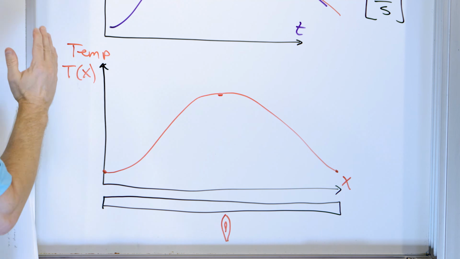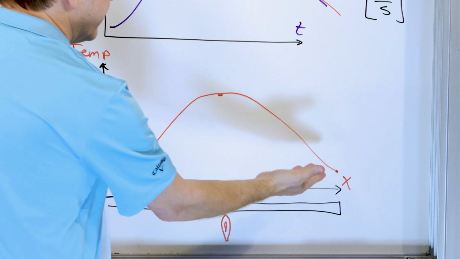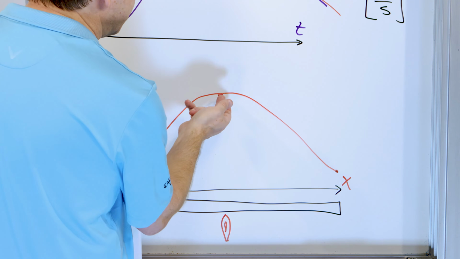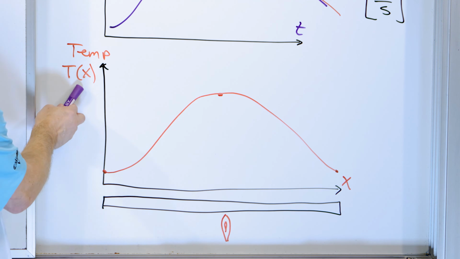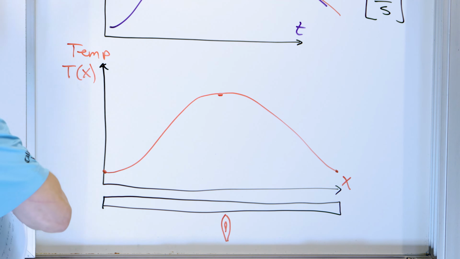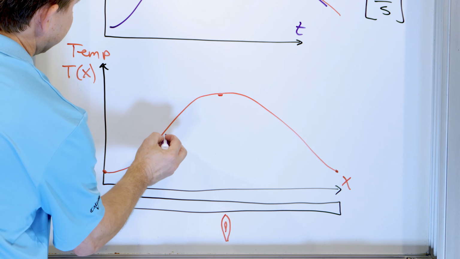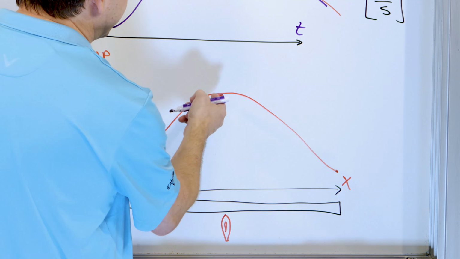So if you were studying something like this, where it was temperature as a function of distance, which means meters, and you had a flame in the center and this was hot and these were cold, what if I asked you, what is the derivative of this curve at this point right here? Well, then you would draw a line tangent to the graph and ask what is its slope. And what is the derivative over here?